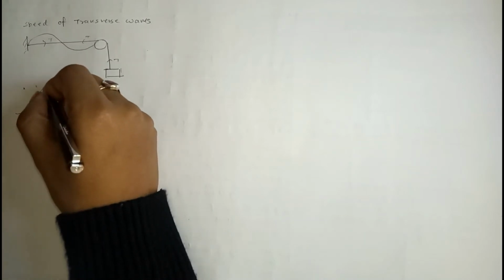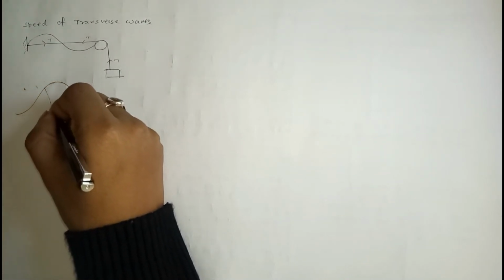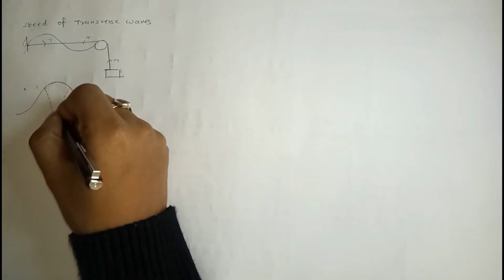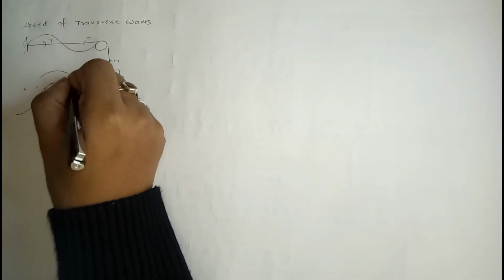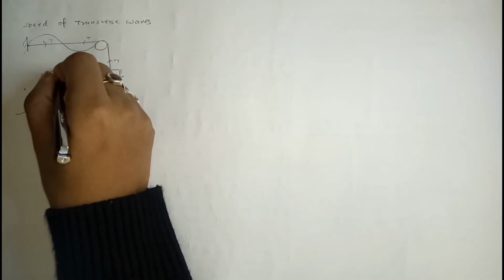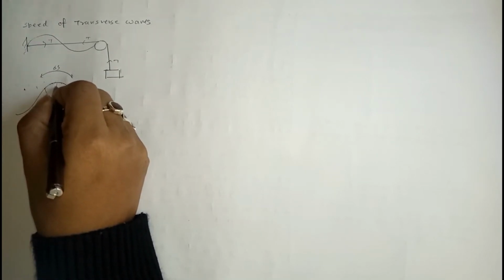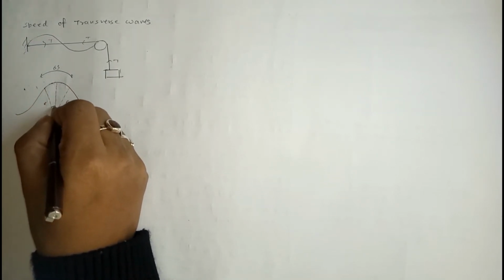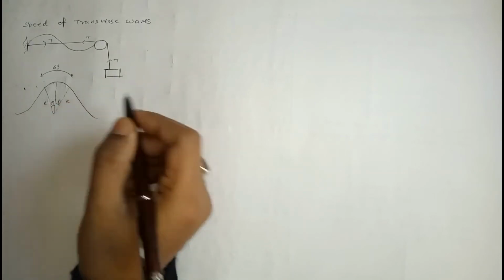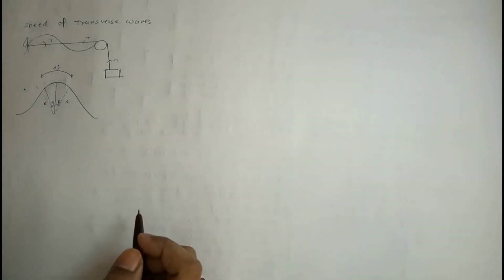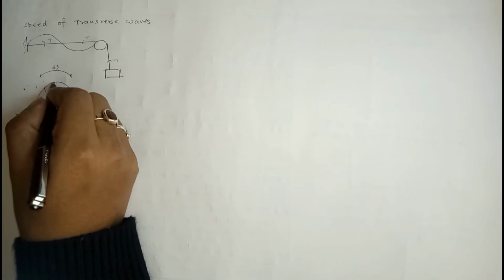We take this small part of our pulse, that part is equal to delta S. Here this is equal to the radius, and the angle between them is theta on both sides from the center.